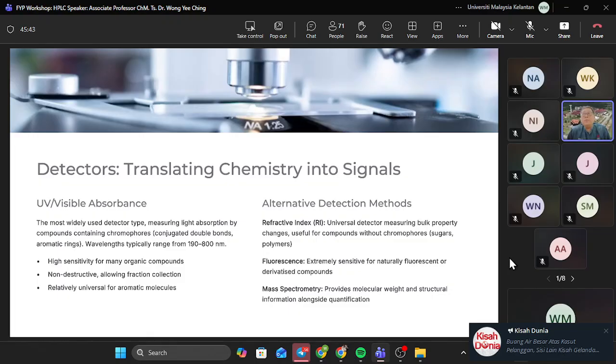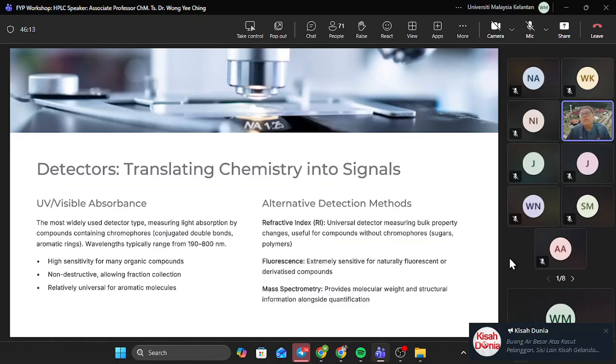The common one will be the UV-Vis, but some of them are going to couple with IR, and some with fluorescence, or you can go until mass spectroscopy as well. So you can couple a few detectors that you would like to do the identification for your compound.